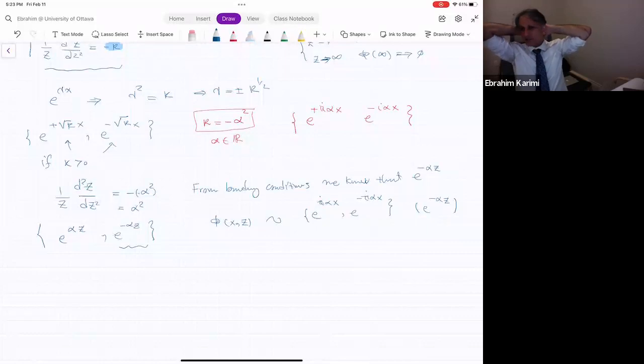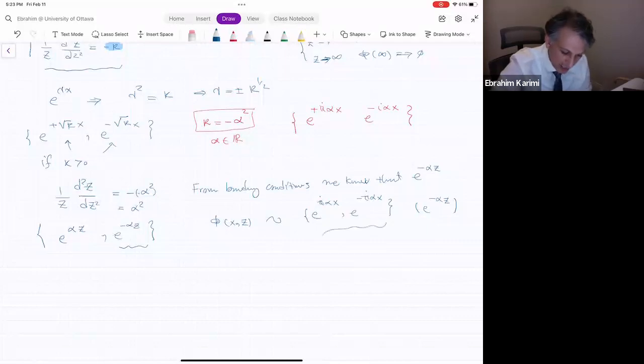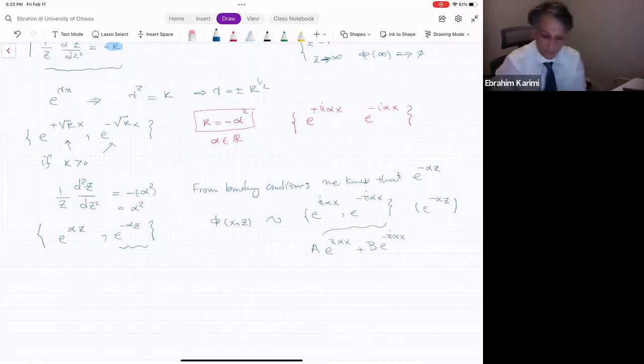Now I have to implement also the boundary condition along x direction. Essentially, along x direction, any of these two will be a solution: a e power of i alpha x plus b e power of minus i alpha x. True? That's the functionality along x direction.